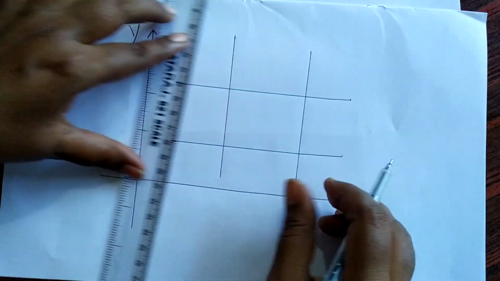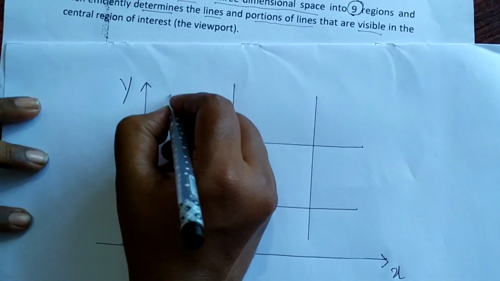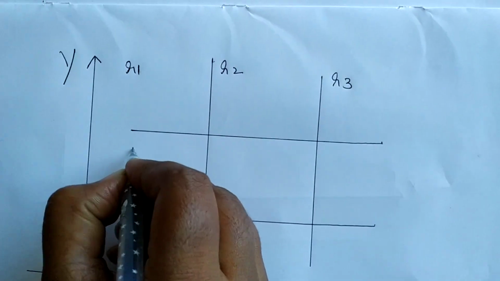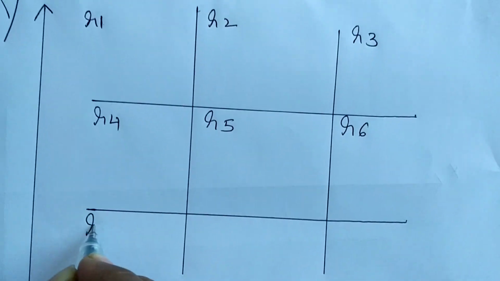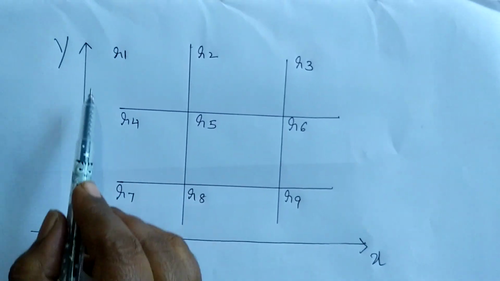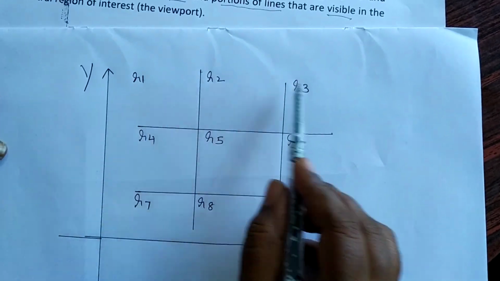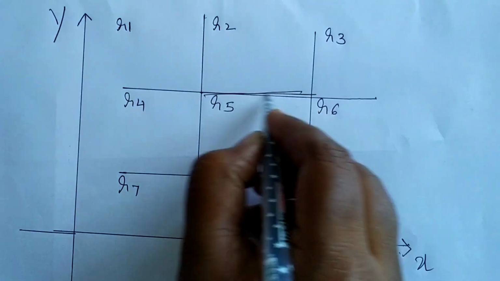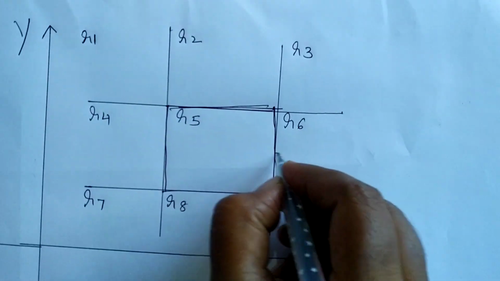After dividing into 9 regions, we will name the regions: for example, this is region 1, region 2, region 3, 4, 5, 6, 7, 8, 9. So the algorithm divides the XY plane into 9 regions. After dividing, region 5 is called the clipping window.